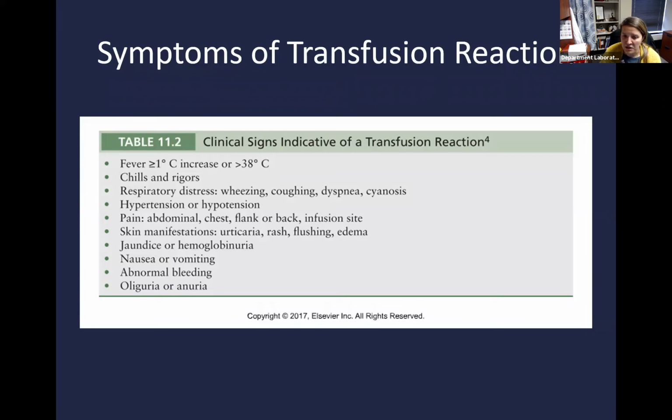Any type of rash, any type of swelling or edema, jaundice, hemoglobinuria, nausea, vomiting, mucosal bleeding, anything like that is indicative of a transfusion reaction, and the transfusion should be immediately stopped and investigated. We want to figure out why.